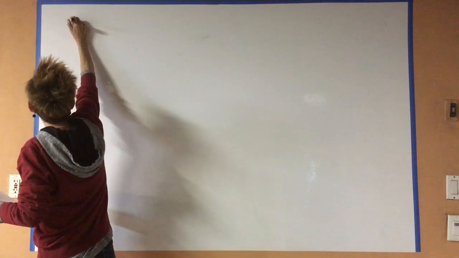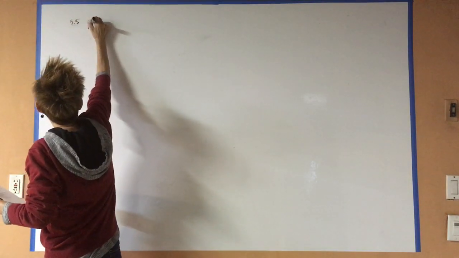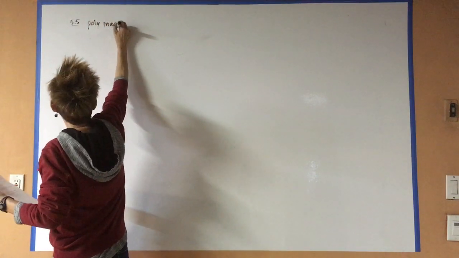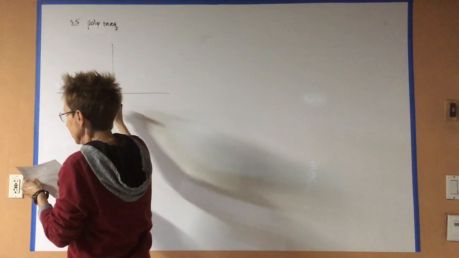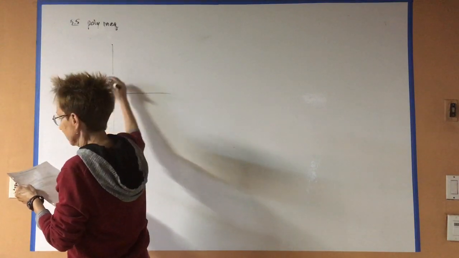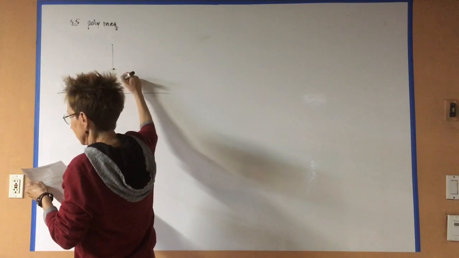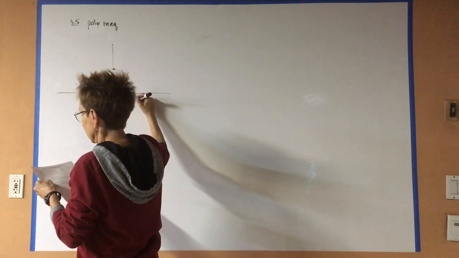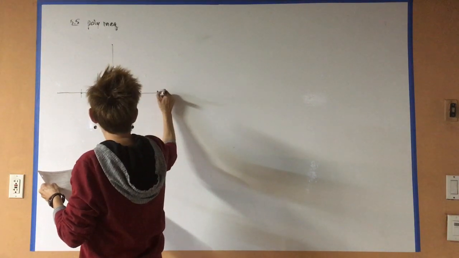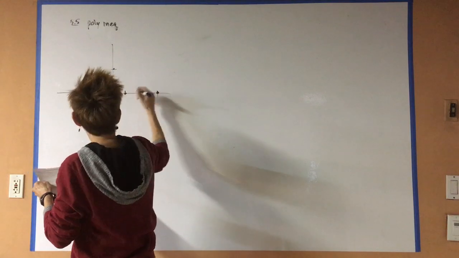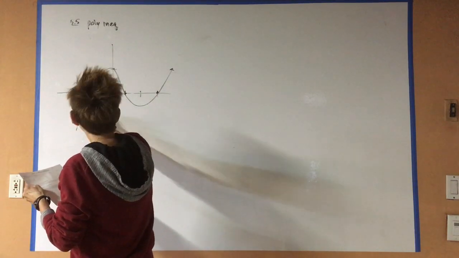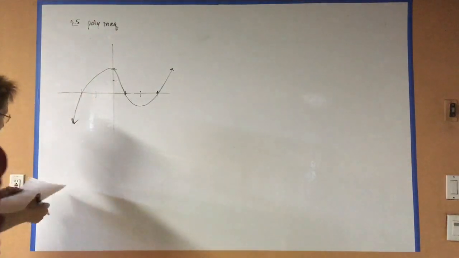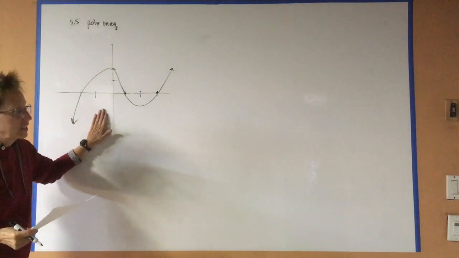So you'll notice that for that polynomial inequality, I drew a picture, a visual. I drew a polynomial function that looks like this.